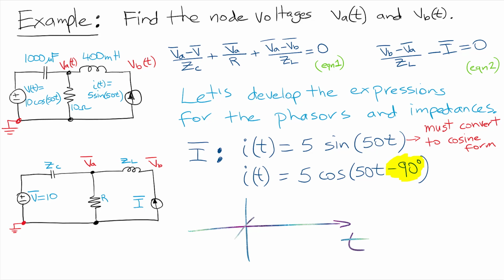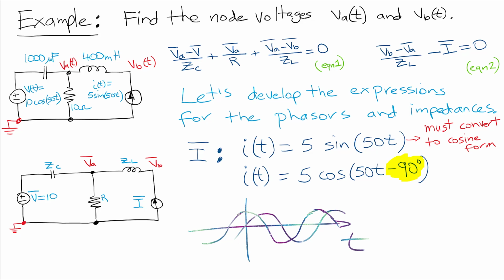So sine is going to go something like this, right? And we have a cosine, right? Cosine goes like this. Okay, and then what we're going to do is we're going to grab that cosine and move it 90 degrees to become sine.